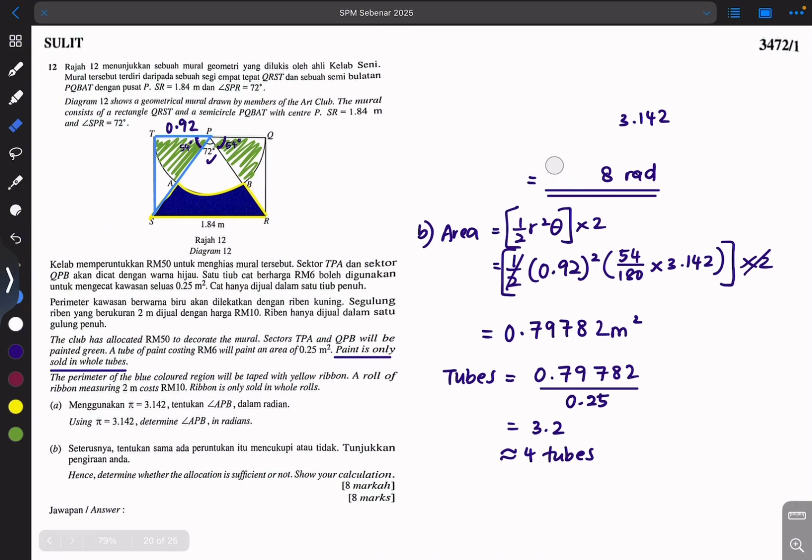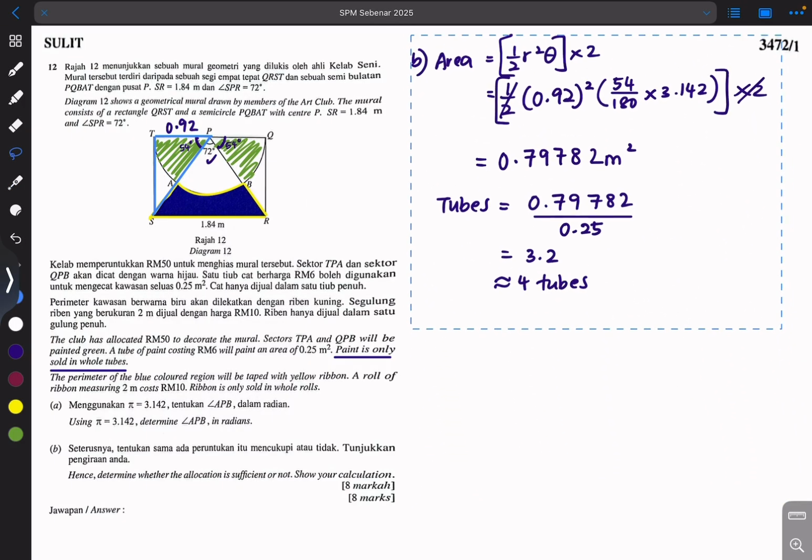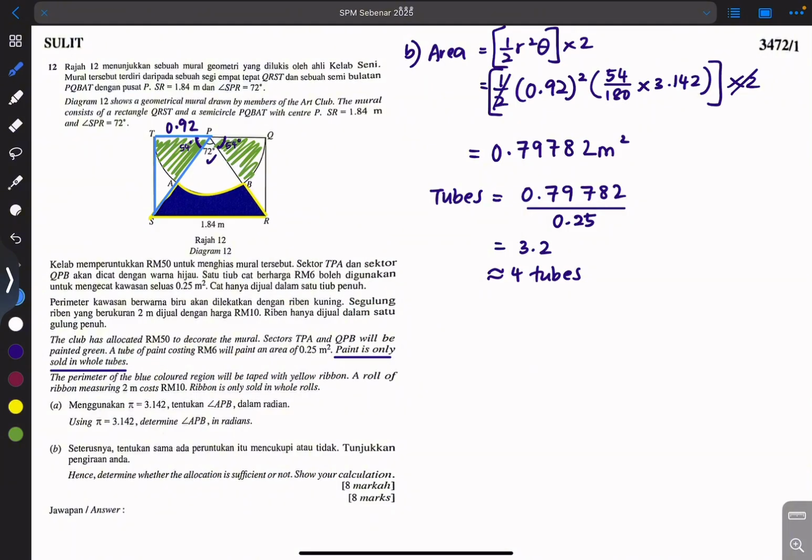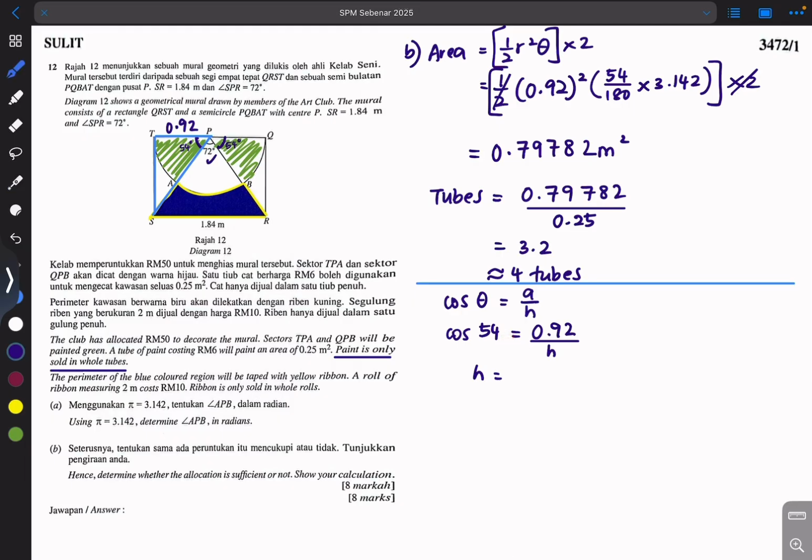Let me erase this first. So cos theta is adjacent over hypotenuse. Our theta is 54, adjacent is 0.92, hypotenuse we don't know. So swapping this, h will be 0.92 over cos 54.